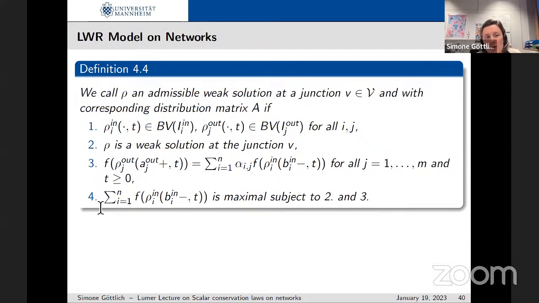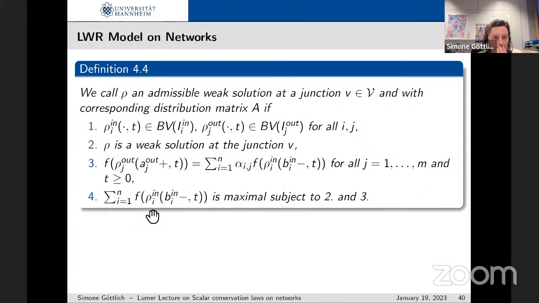Therefore, condition 4 is really necessary, which tells you that we have to maximize the ingoing fluxes subject to points 2 and 3. In some sense, this means we need to solve a maximization problem at the intersection points to determine the values we need for the outgoing arcs.